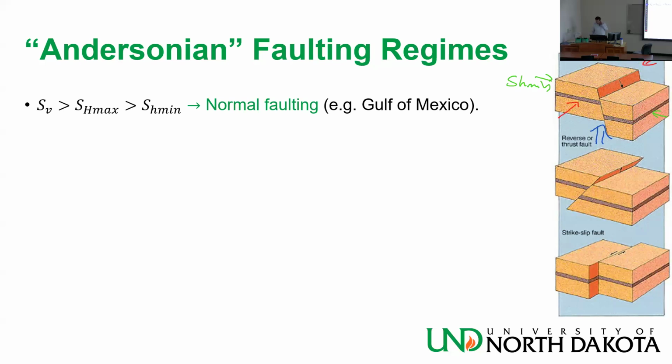I wrote it probably behind my camera, so SH max is the red, and SV is the blue. And I have obviously an arrow up there.